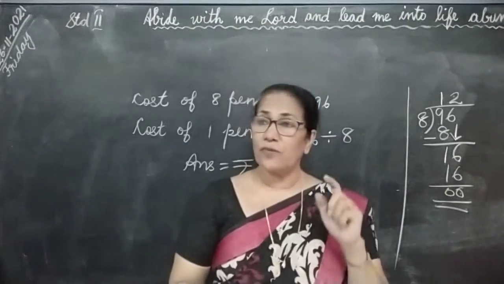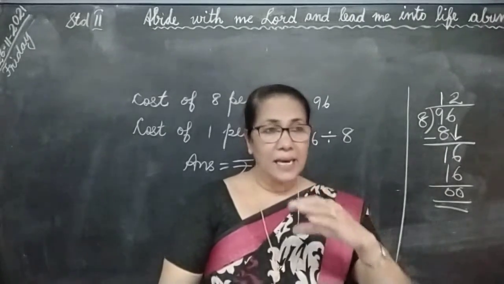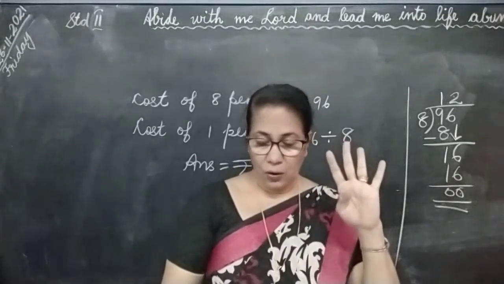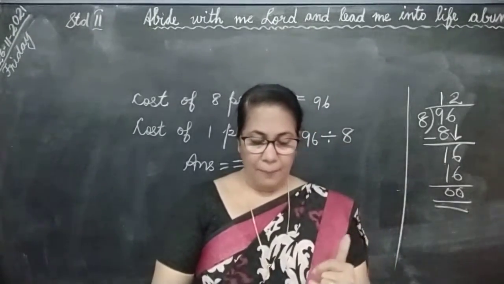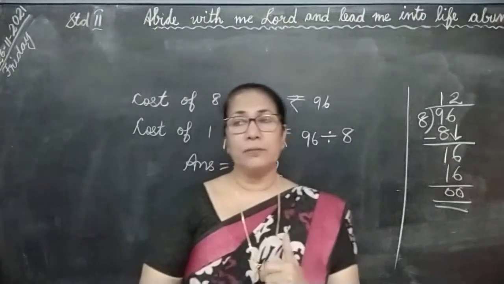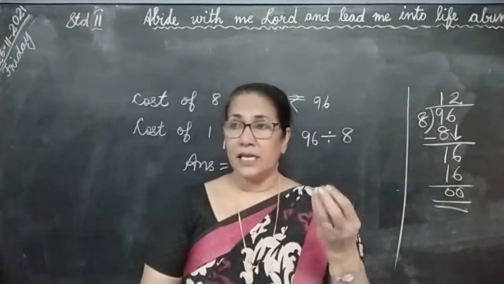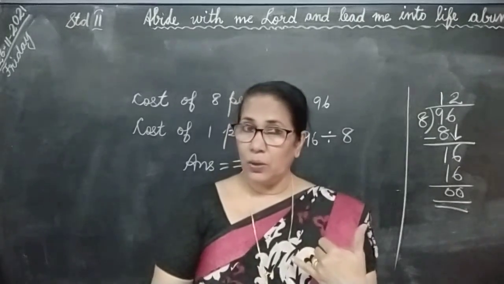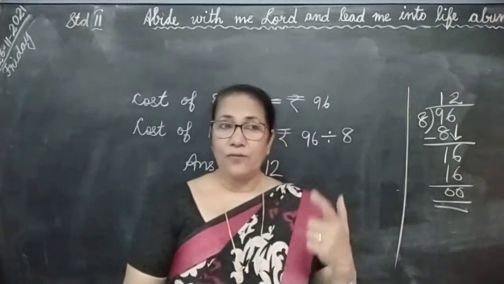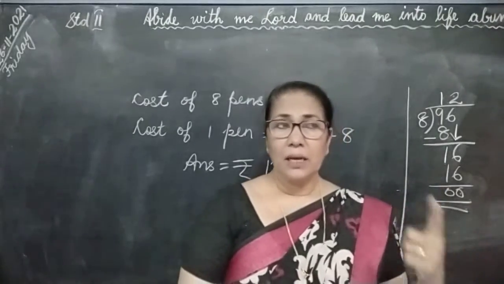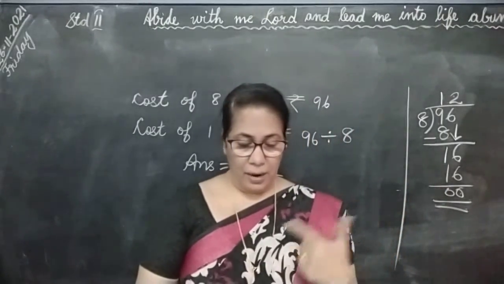How many apples does he put in each box? Now to know how many apples are there in each box, what should we do? We have to divide 452 by 4.